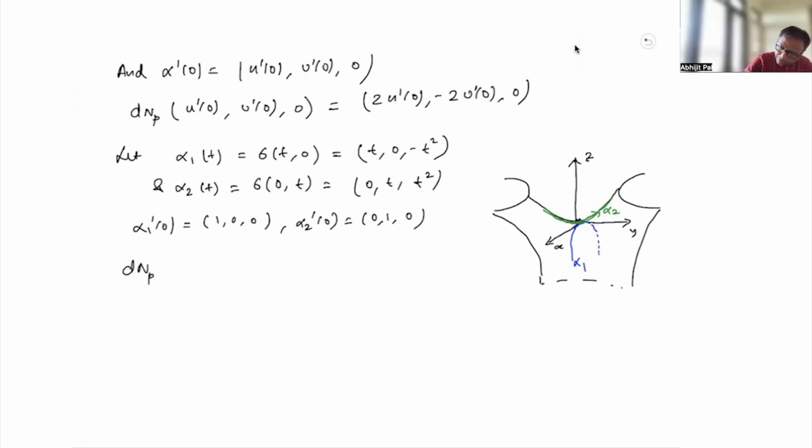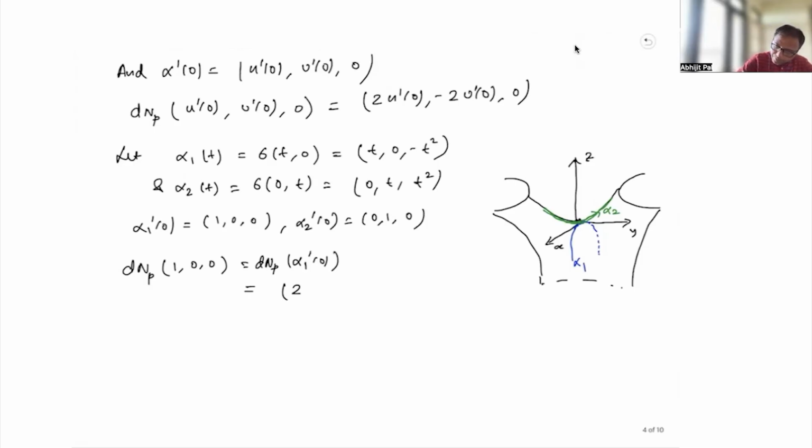And dNp of this 1 comma 0 comma 0, which is equal to dNp of alpha 1 prime 0, will be equal to twice the derivative of the first coordinate of alpha 1 at the point t equals 0, which is just equal to 2.